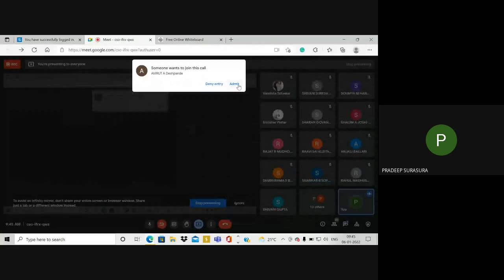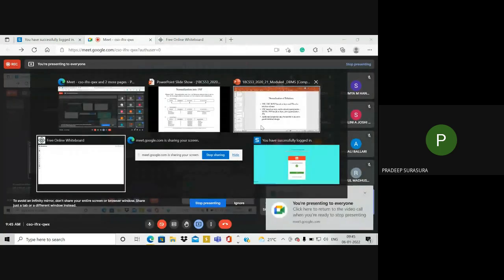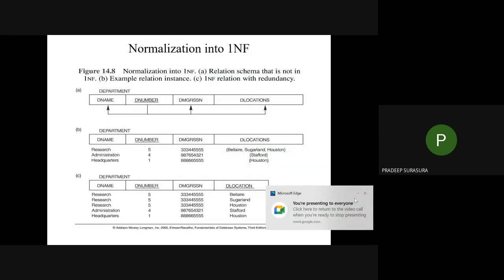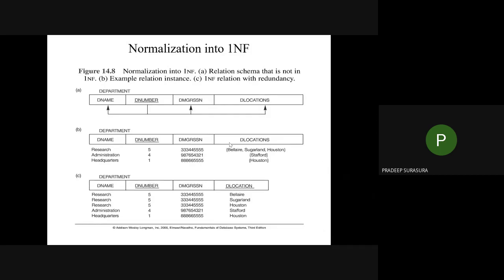in this slide, I can say that this is the violation of first normal form. When you see this department information with respect to D locations, like Bel Air, Sugarland, Houston, the values are multiple here. So this violates first normal form.